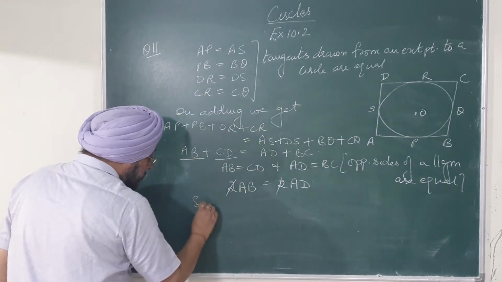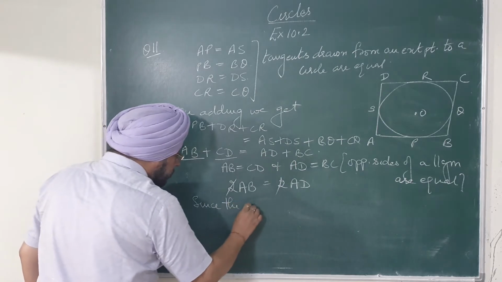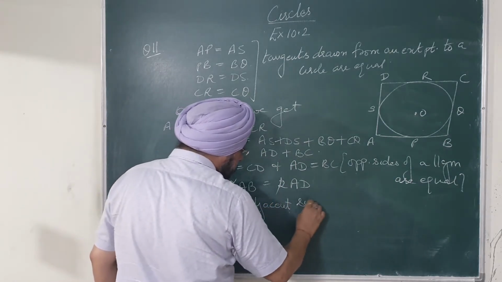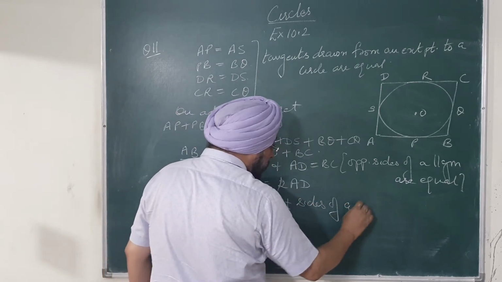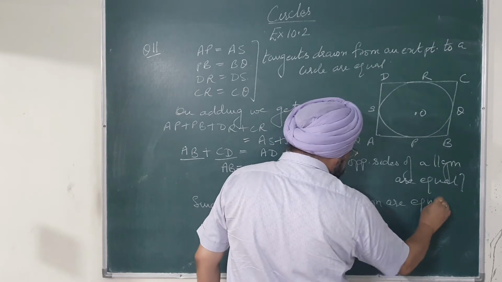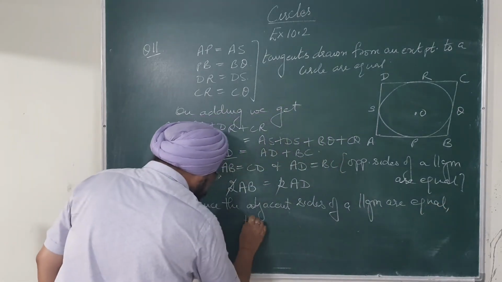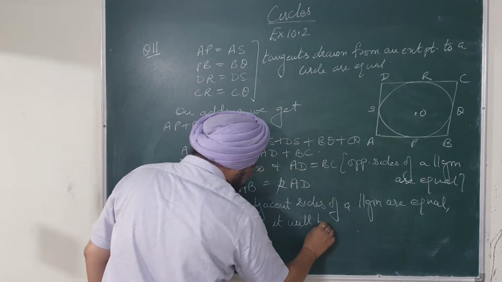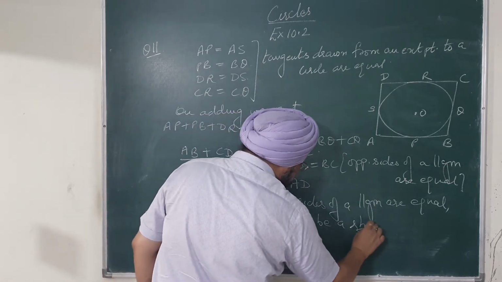So since the adjacent sides of a parallelogram are equal, then it will be a rhombus.